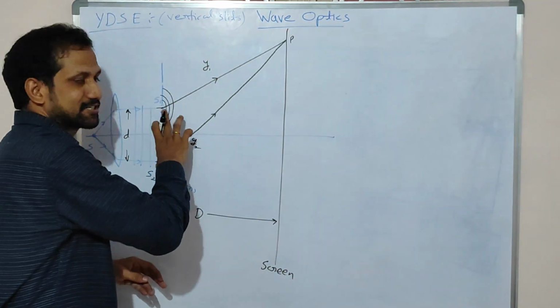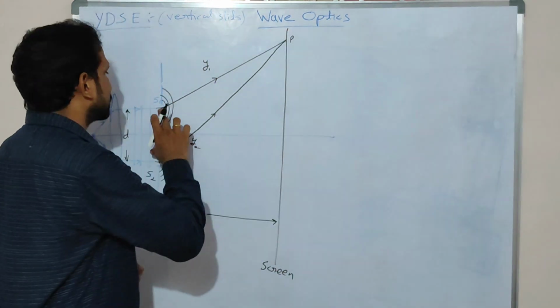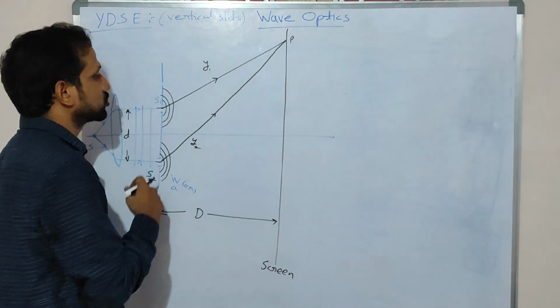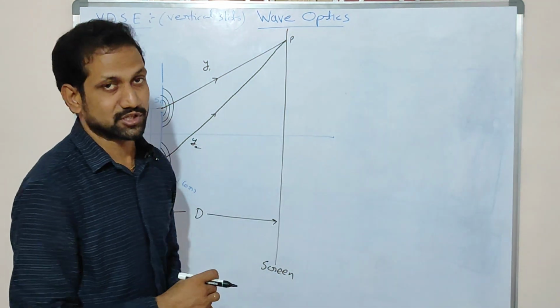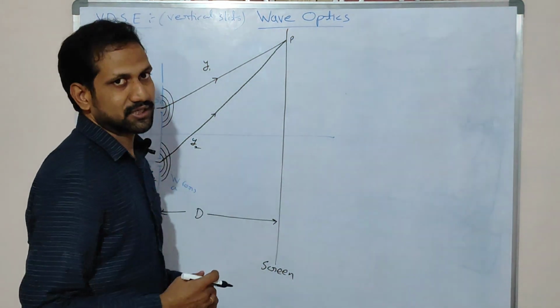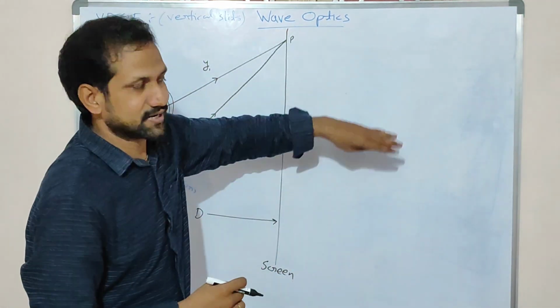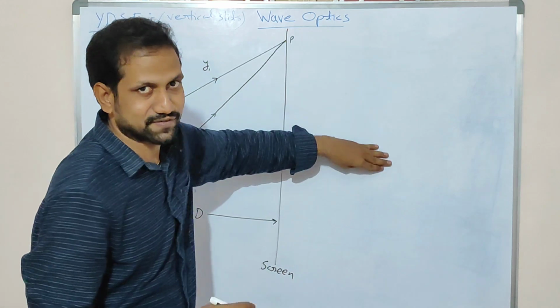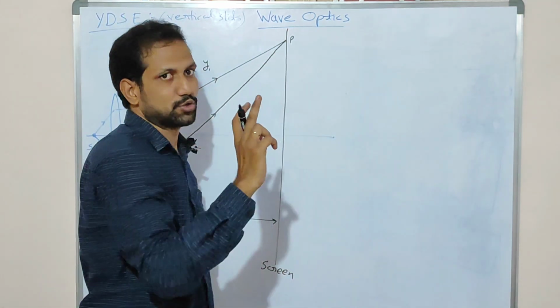Without the S1 and S2 slits, we can't have the interference pattern. The purpose of the slits is to make the waves coherent. Otherwise the interference phenomenon is not possible without slits. On my whiteboard, the light does not show any interference pattern, no dark fringe, bright fringe, because the light incident on the board is not coherent.